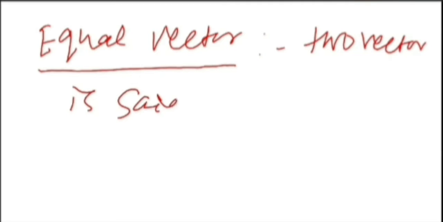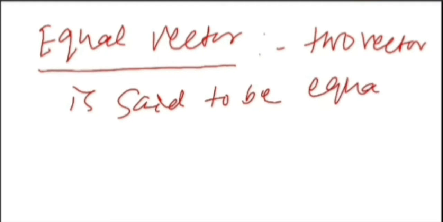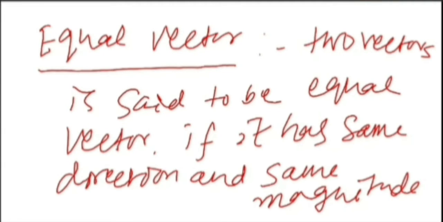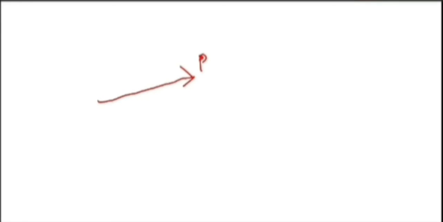Now we will discuss equal vectors. Two vectors are said to be equal vectors if they have the same direction and the same magnitude. For example, suppose we have vector p like this and another vector q like this.